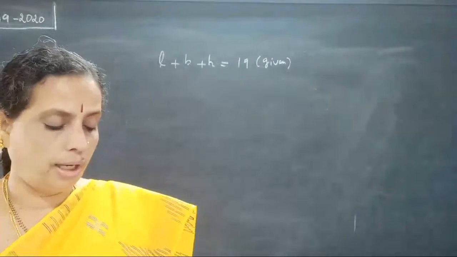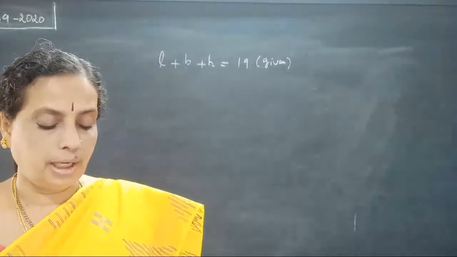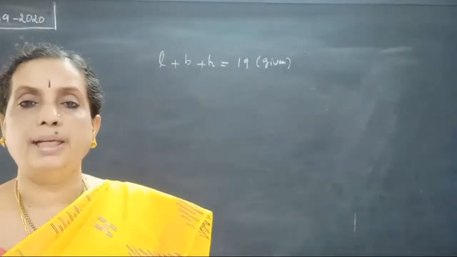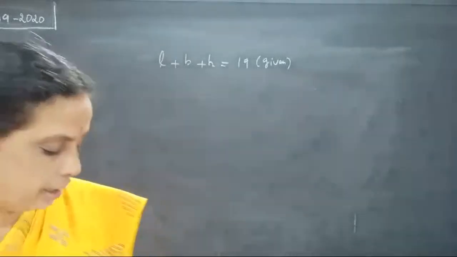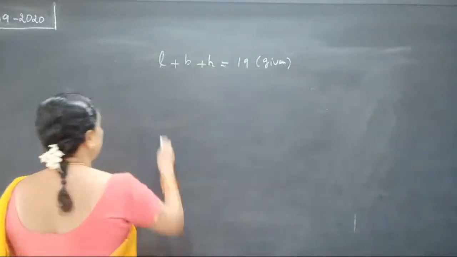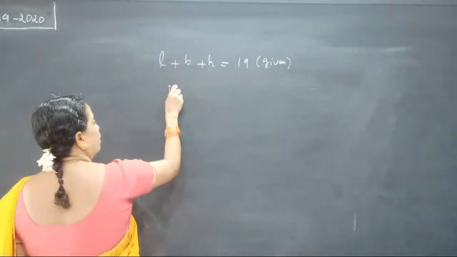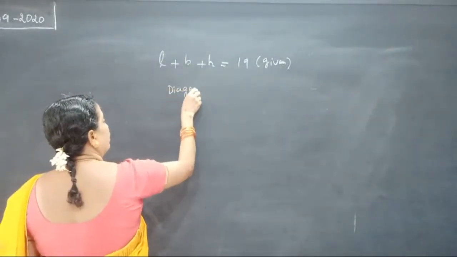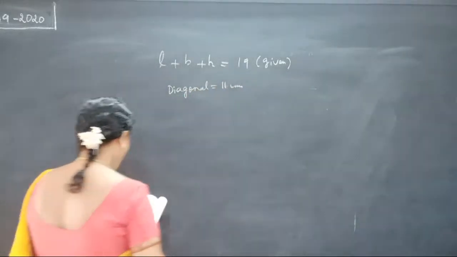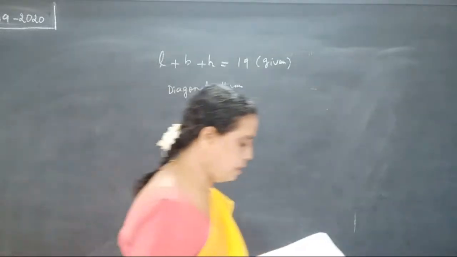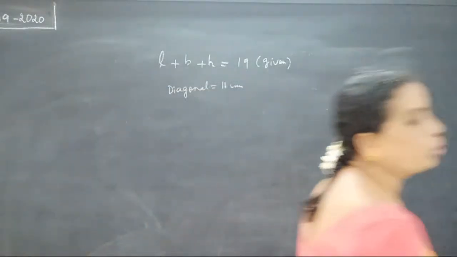The sum of length, breadth and depth of a cuboid is 19 centimeter and length of its diagonal is 11 centimeter. What is diagonal given? Diagonal equals 11 centimeter. Find the surface area of the cuboid.